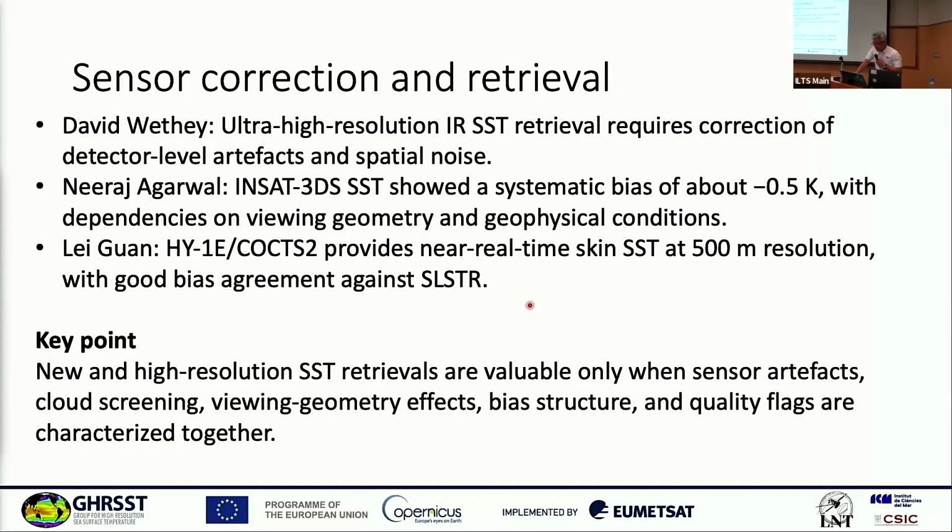Ray introduced a high-resolution near real-time skin SST retrieval from HY-1E COCTS with 500-meter resolution and good bias agreement against SLSTR. The key point is that new high resolution SST retrievals are valuable only when the sensor artifacts, cloud screening, viewing geometry effects, bias structure, and quality flags are characterized together.